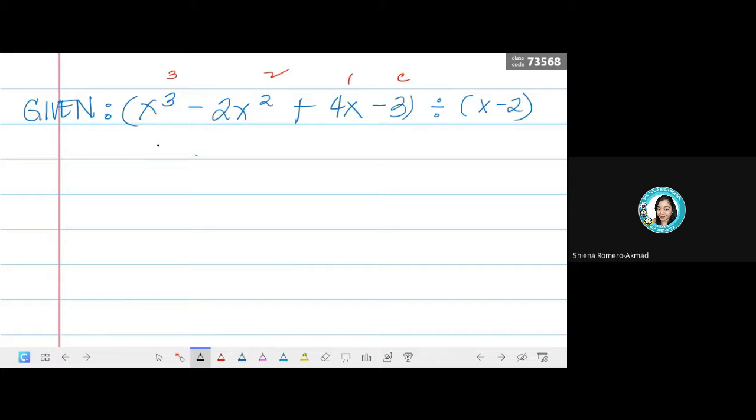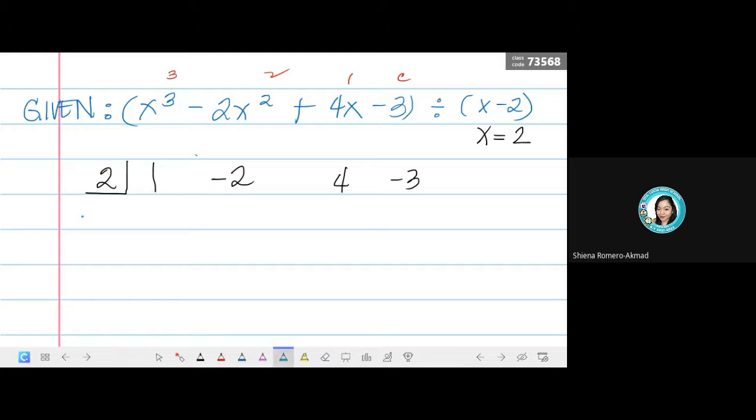Ang numerical coefficient nito ay 1. Ito ay negative 2. Ito ay positive 4. Ito ay negative 3. Then, we will divide it dun sa value ng x. And the value of x here is positive 2. Negative, magiging positive.